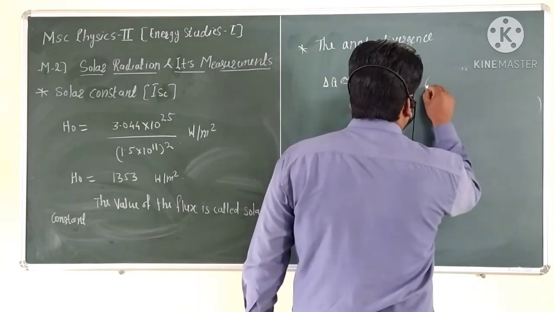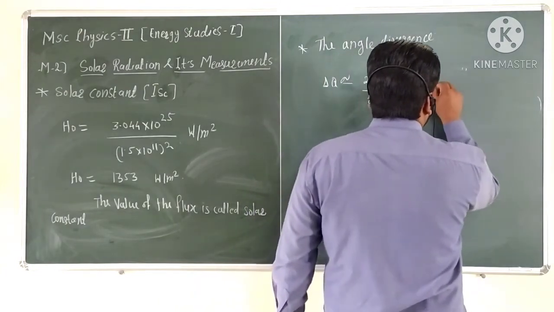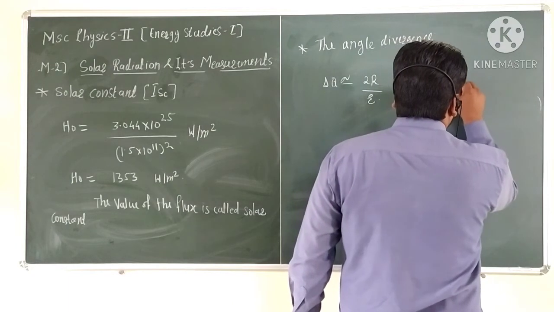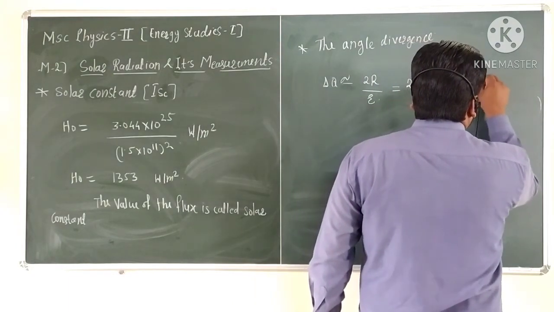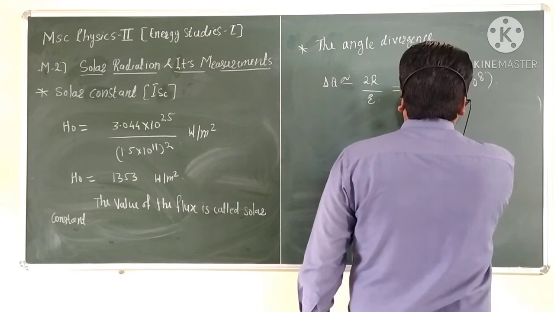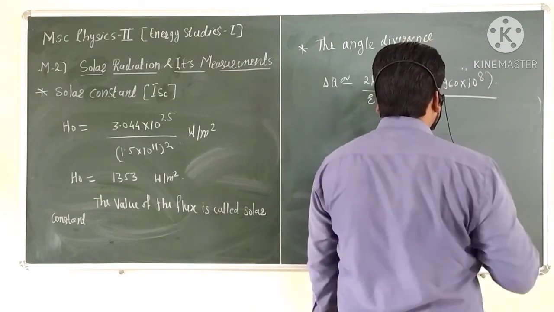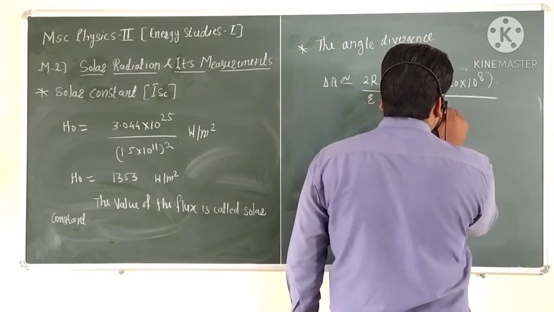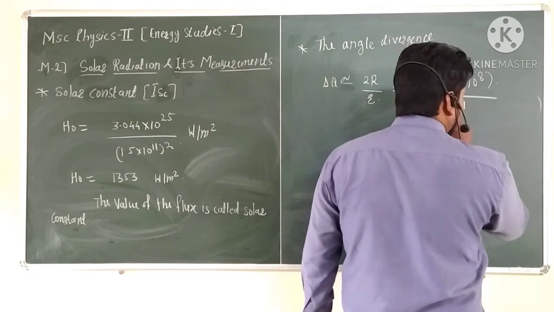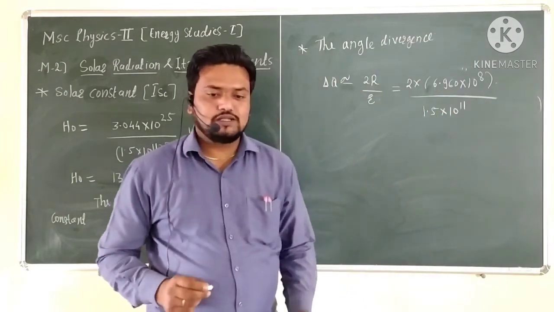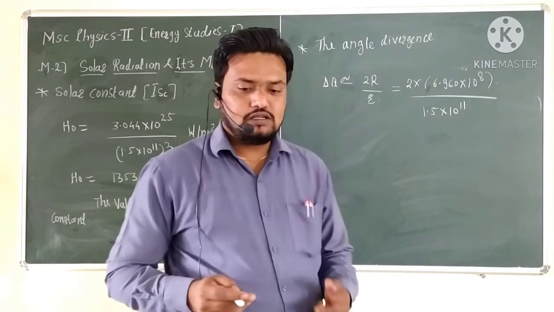So that is 2 into the radius of the sun, which is 6.960 into 10 to the power 8 meter, divided by 1.5 into 10 to the power 11 meter.